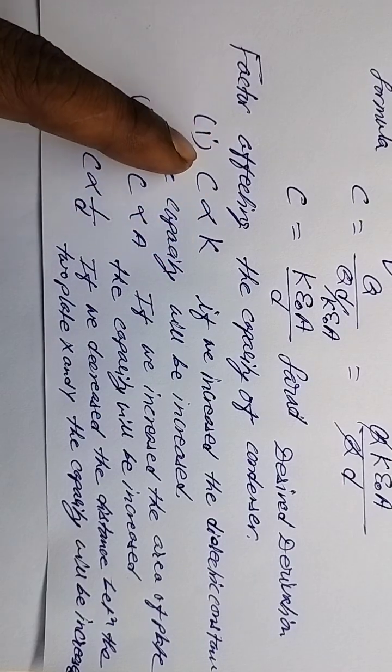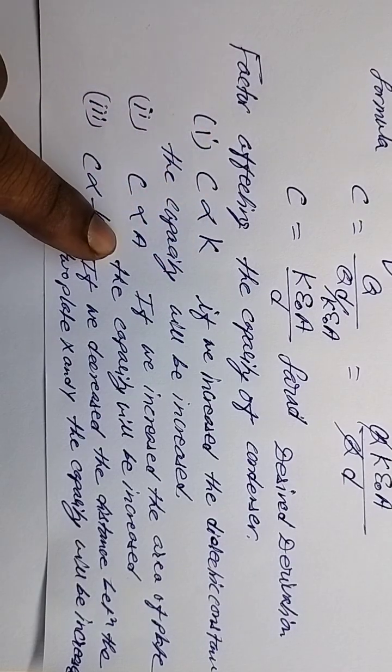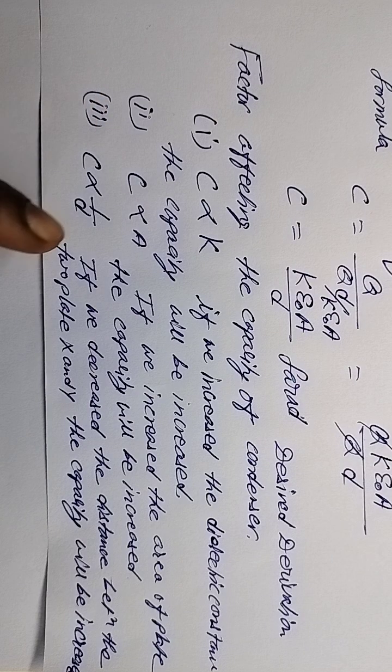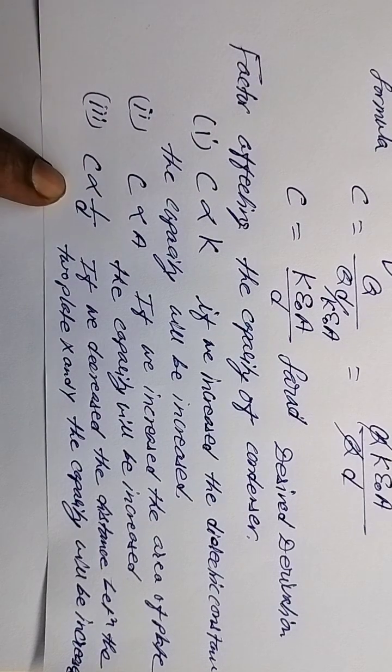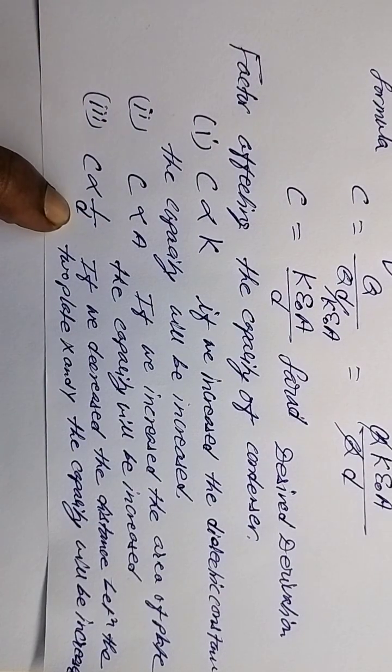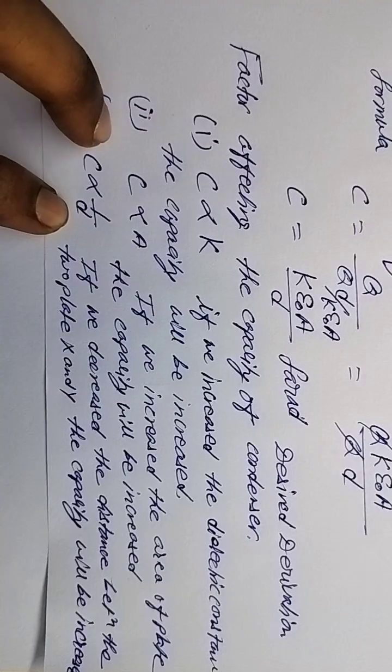If we increase, capacity increases. Similarly, if we increase area of plate, capacity will be increased. If we decrease area of plate, capacity decreases. Just the third one is inversely proportional. That means if we increase the distance between two plates, capacity will decrease. If we decrease distance between two plates, the capacity will increase.